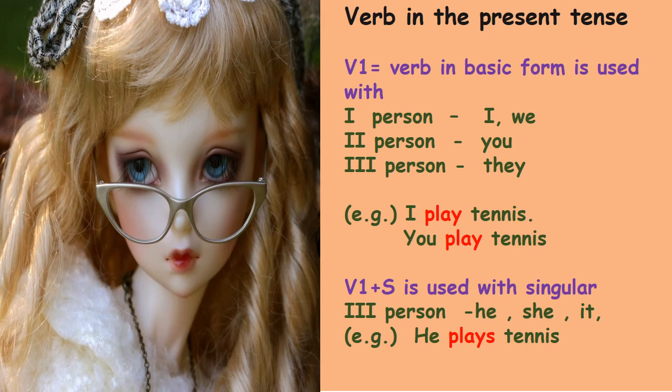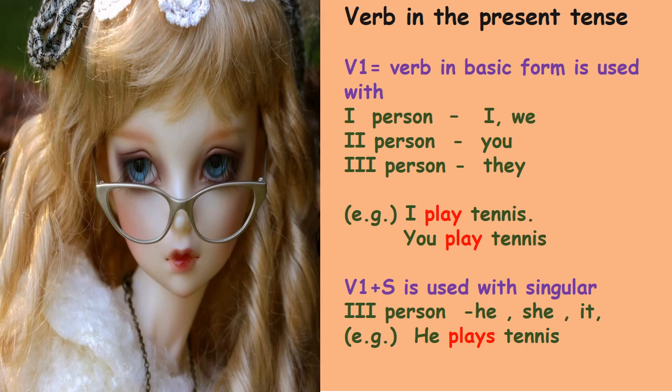Next we must know how the verb is used in the present tense with these persons when they come as subject. We must use the basic form of verb, V1, with the first person singular and plural, second person singular and plural, third person plural. Example, I play tennis, you play tennis, they play tennis. Take the verb play. This is the basic form of verb.